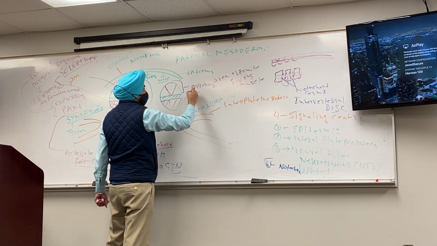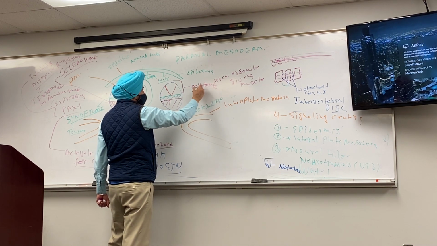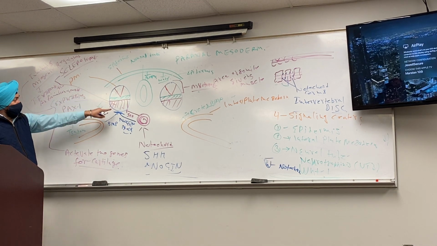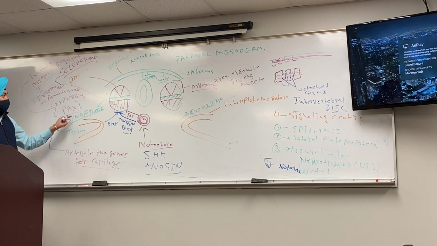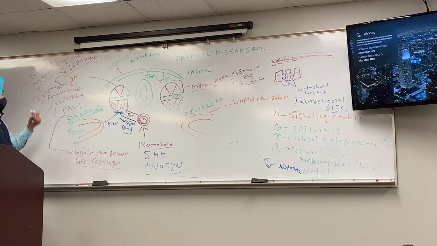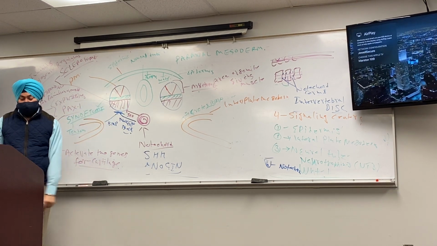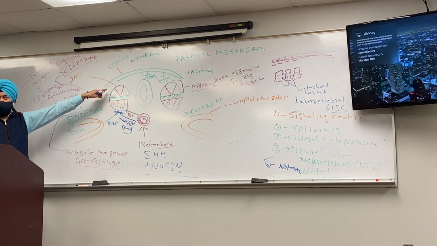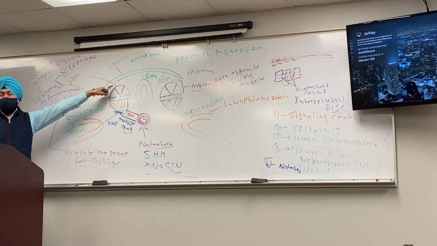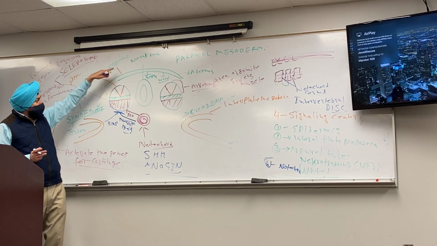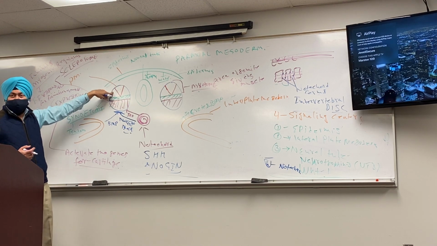M-Y-O-T-O-M, myotome. So a somite is divided in three parts, right? You have this area, which is going to give you the cartilage, and we call it sclerotome. Then we have syndetome, and then we have myotome. Making sense so far?